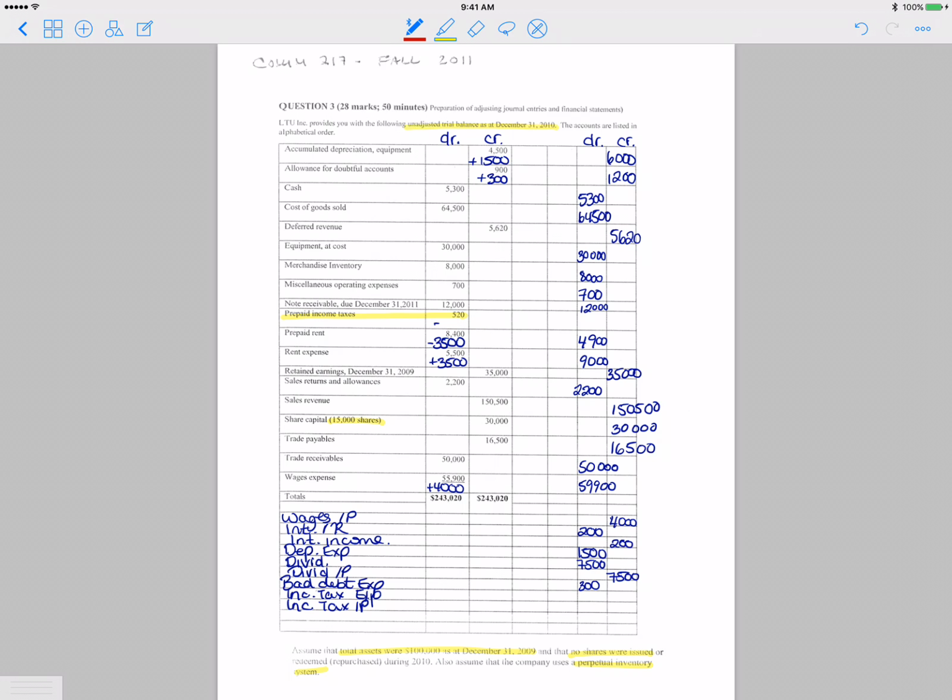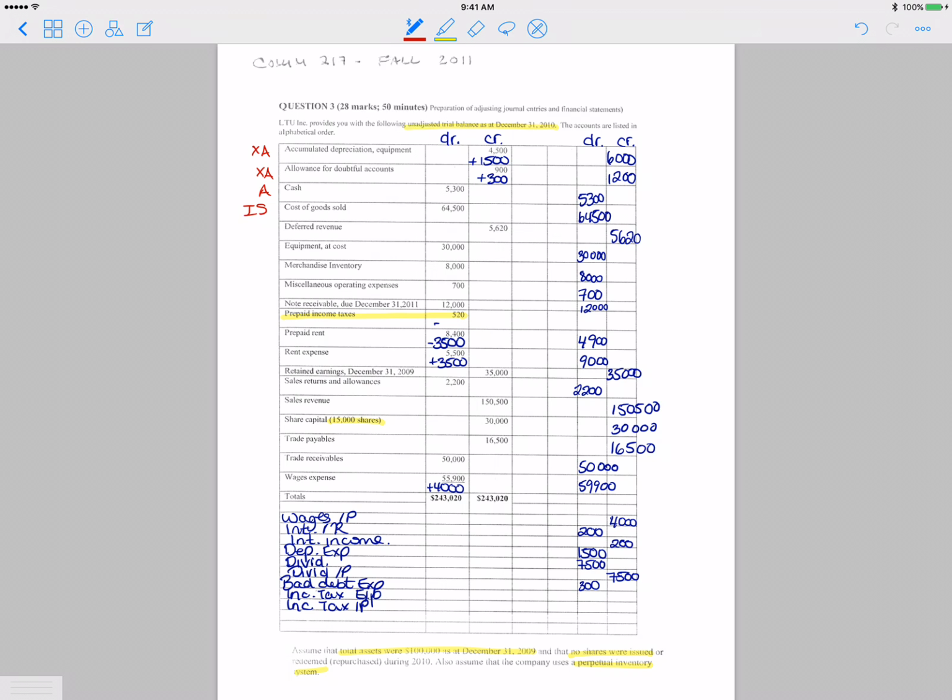So accumulated depreciation, which is a contra asset account. We have an allowance for doubtful accounts, a contra asset account, and an asset account, which is cash. Cost of goods sold is an expense, so that goes on our income statement. So let's write an income statement.